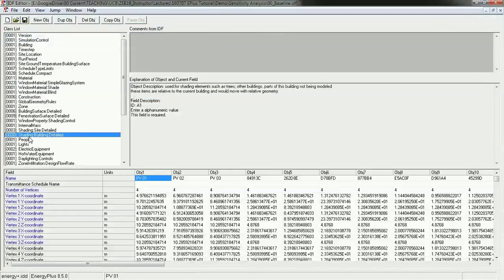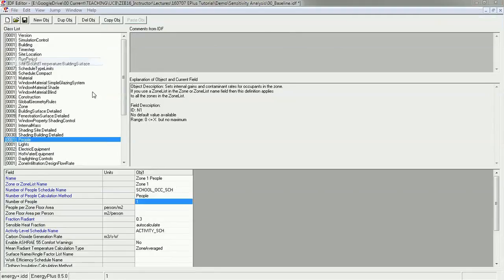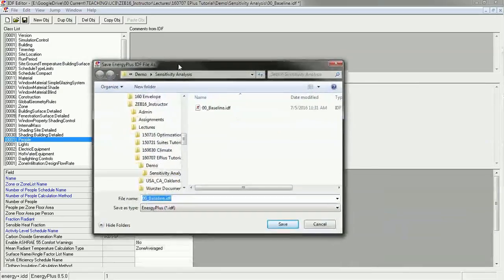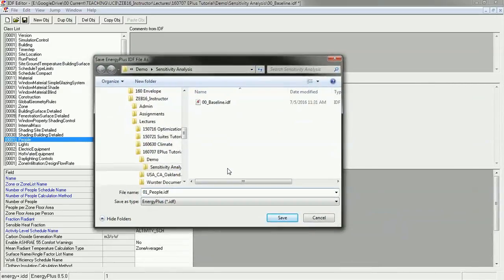As you know, the easy way to do this is to go to people, and instead of 25 people, I'm going to put in 1 person. If I put in 0 people, things might start to break. So I'm just going to put in 1 person to simulate what it's like with very few. Then I'm going to go to File, Save As, and I'm going to name this 01 people.idf.